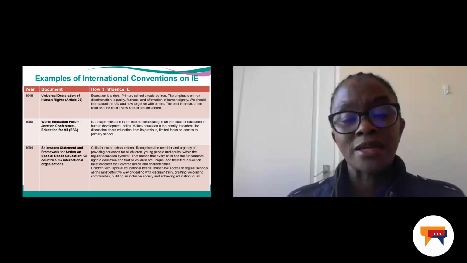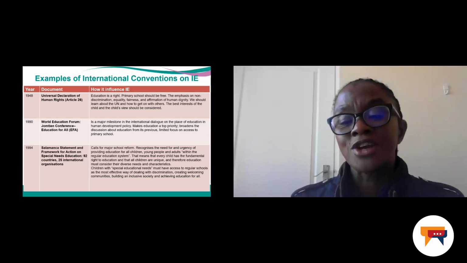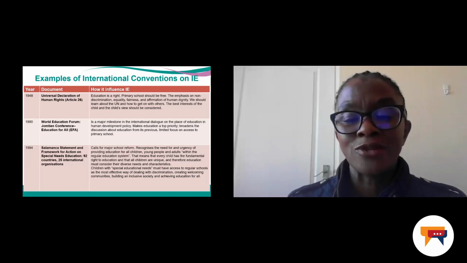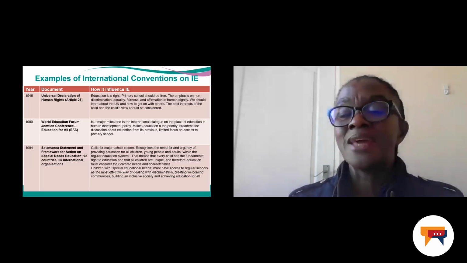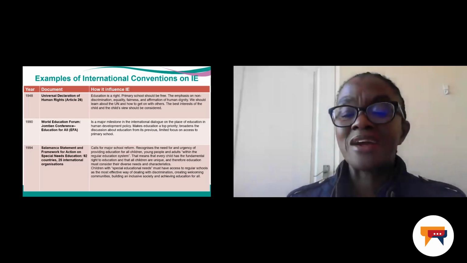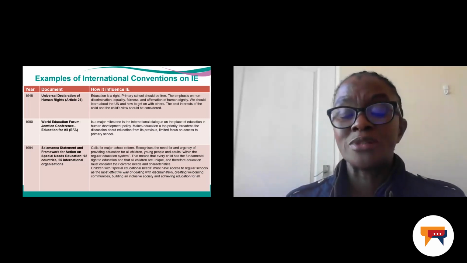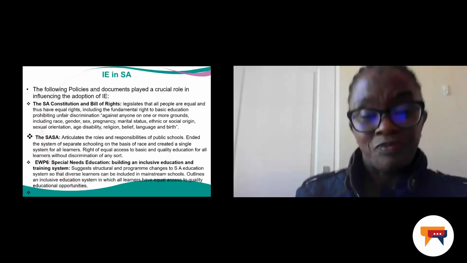They looked at and amended the previous policies. It calls for major school reform. It recognizes the need for providing education for all children, young people, and adults within the education system. That means every child has the fundamental right to education, and all children are unique. Therefore, education must consider their diverse needs.